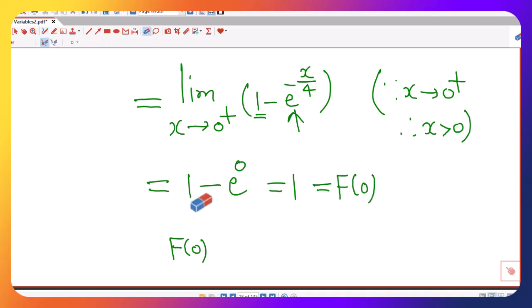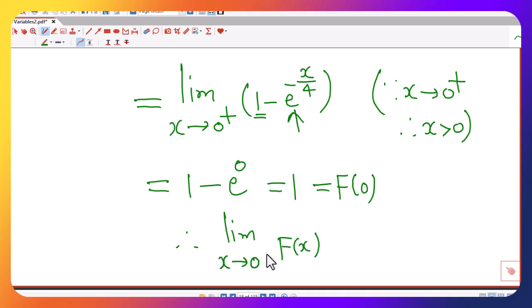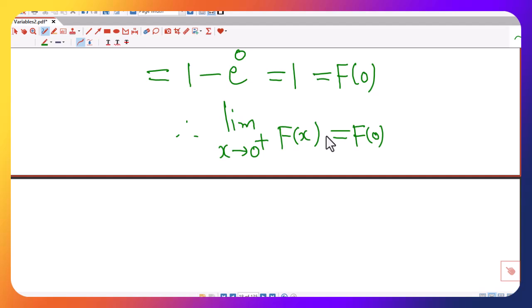So what we have shown is that the limit of f(x) as x approaches 0 from the right hand side is equal to f of 0. This means f(x) is right continuous at 0 also, and at remaining points f(x) is continuous, therefore it is right continuous.